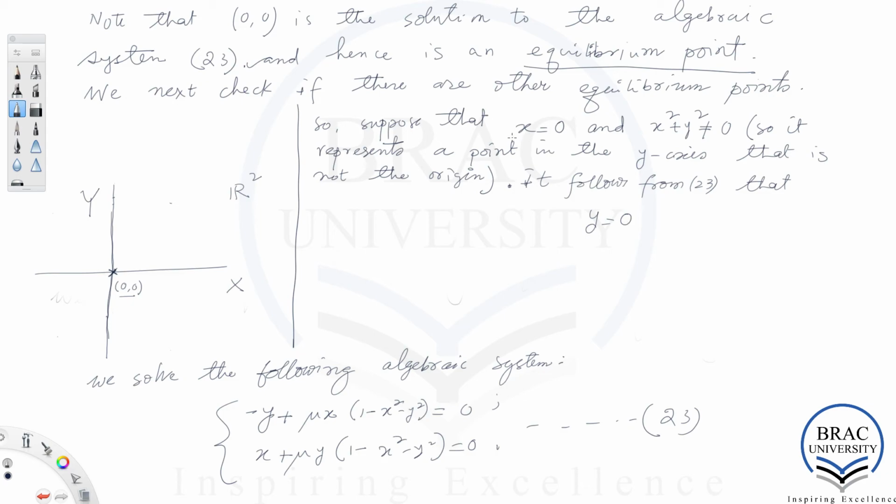Since x is already equal to 0 and we have found that y is equal to 0, we have x squared plus y squared equal to 0, contradicting the fact that x squared plus y squared is not equal to 0. This means that there is no equilibrium point on the y-axis except for the origin. So you cannot have an equilibrium point here or here or here. The only equilibrium point on the y-axis is the origin.